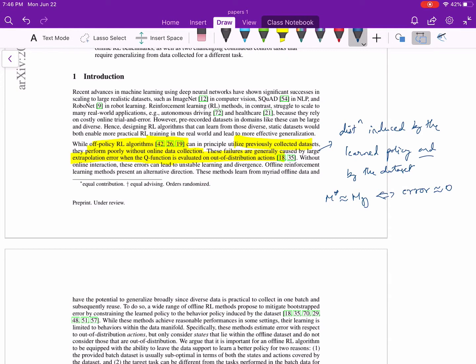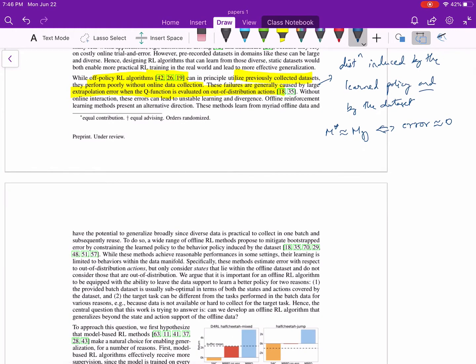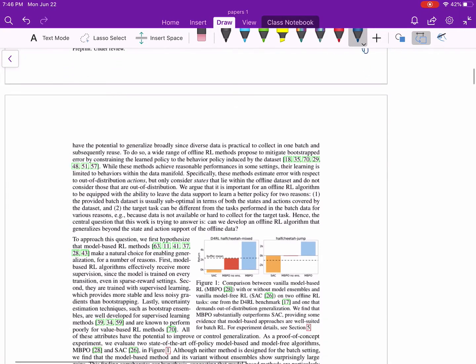So moving on further, it says a wide range of offline RL algorithms are proposed to mitigate bootstrapping error by keeping the policy close to the dataset.